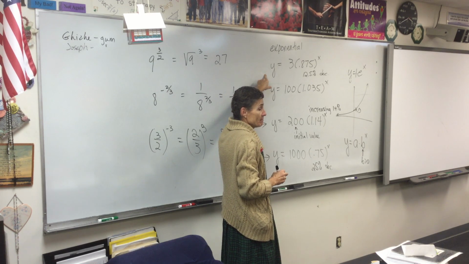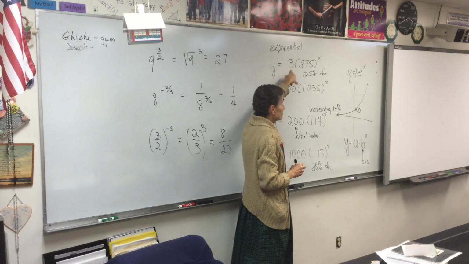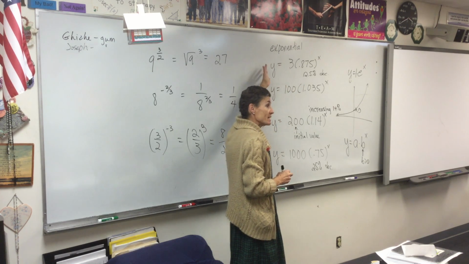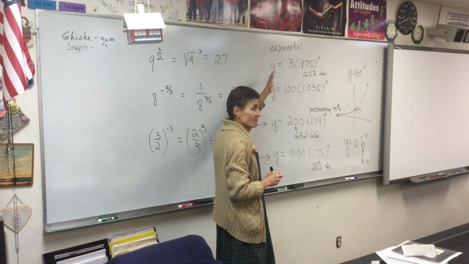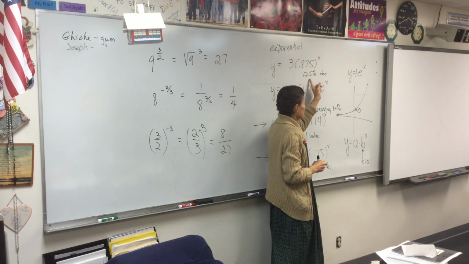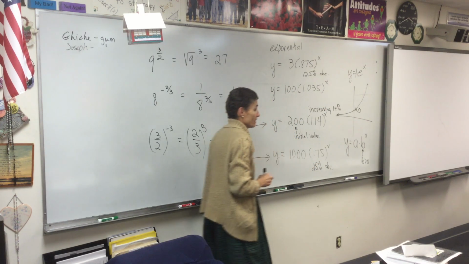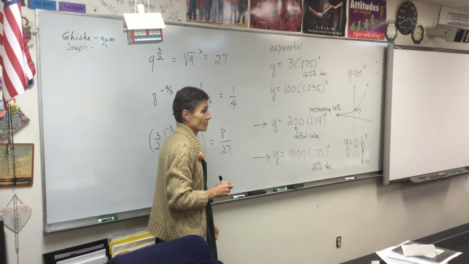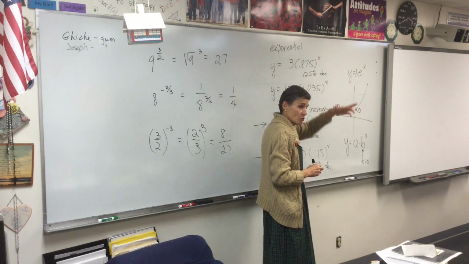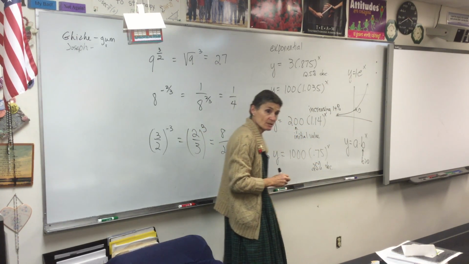Starting with how many? 3? So if this were a money problem, you've made a bad investment. You started with $3, but every month it's decreasing 12.5%. If it's a population problem, something's happening and your population is falling off, decreasing.